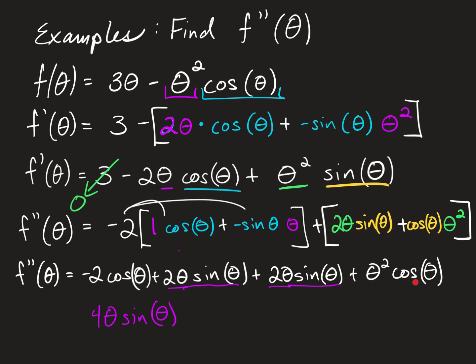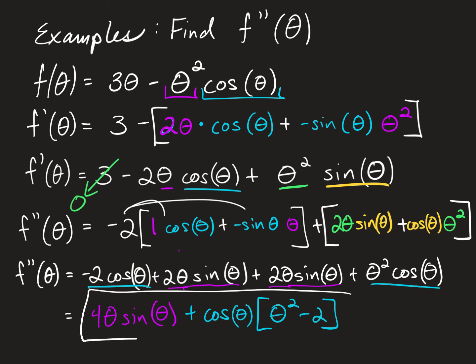Oh, I guess we could factor a cosine out of these terms. Let's do that. So we can say plus cosine of theta times, that would be theta squared minus 2. And I think that's as simplified as we're going to get here for the derivative, or the second derivative of this original function.